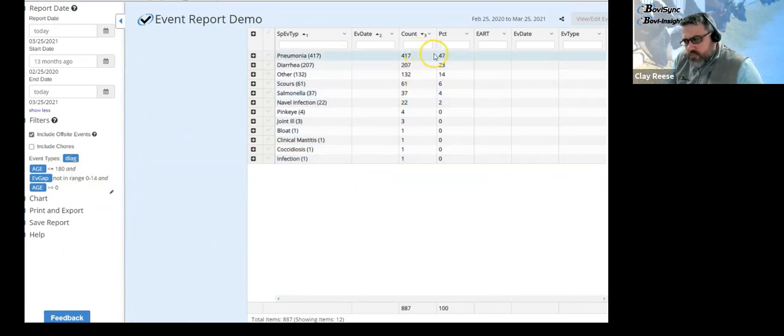And you can see the counts, the percent of a total. Very simple. When you expand this, you're able to get to that animal's information, pull it up, and look at it in detail.